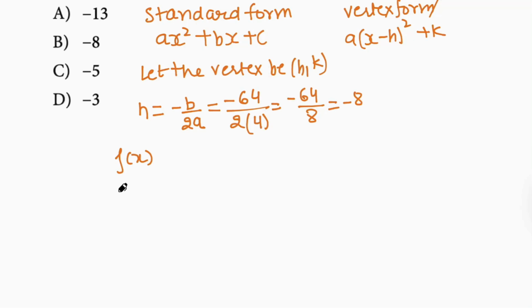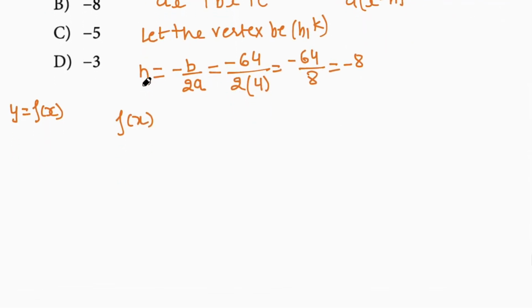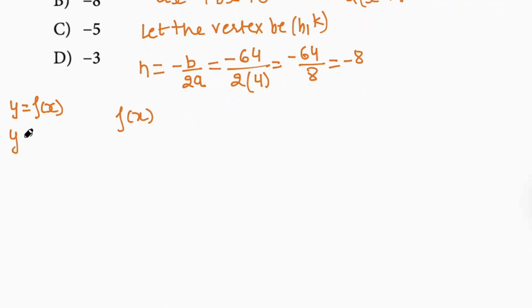Now, if we see the transformation, vertical and horizontal rigid transformations are of two types. Let's take a quick revision of that. If y is equal to f of x, the parent function, which here is 4x squared plus 64x plus 262, and you add some number to the function or subtract some number from the function, these are vertical translations.